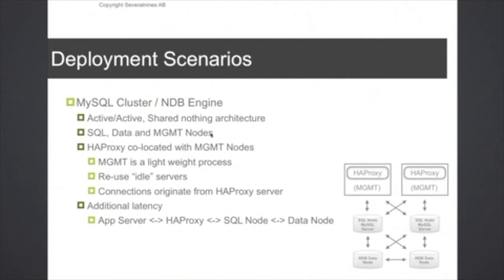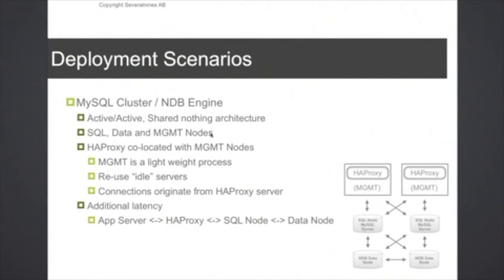They don't take up much resources, so you have plenty of available space on those servers. So you can just deploy HAProxy on those management servers. And of course, in a production environment, the recommendation is to have 2 management servers for redundancy. So this is also an excellent opportunity to deploy HAProxy in a fault-tolerant deployment using Keepalived and a virtual IP, for example.